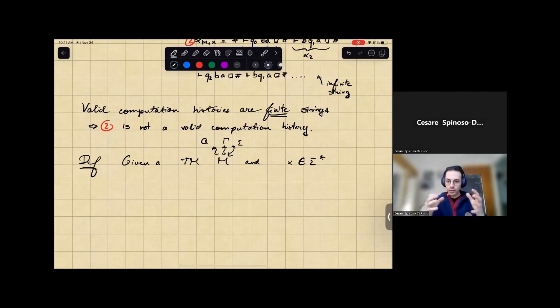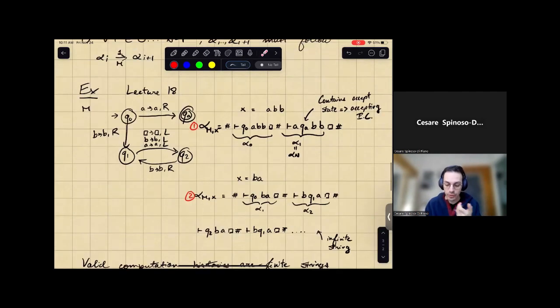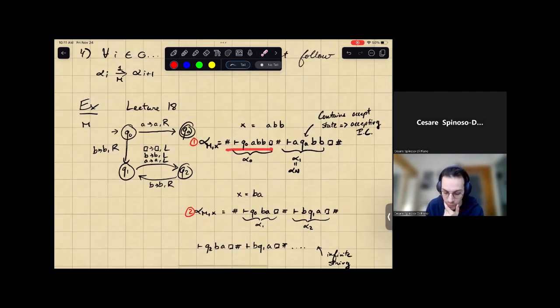And so what we need to define valcomps, the language corresponding to all valid computation histories, is an alphabet, right? And in this case, the alphabet isn't just going to be gamma, or just sigma. We need an alphabet which allows us to define strings that look like this. Those strings should contain letters in the tape alphabet.